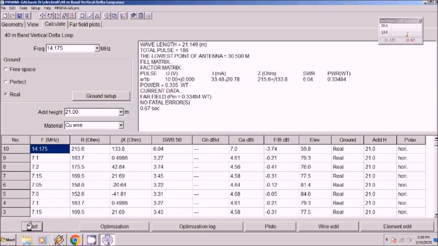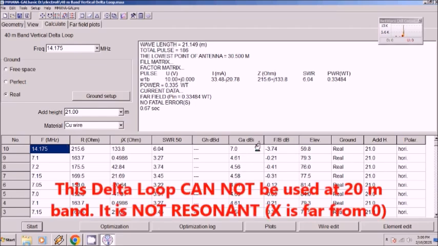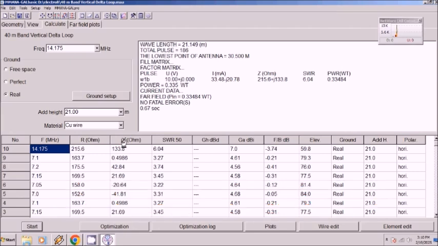Okay, this is the result. Frequency is 14.175 megahertz. The gain is okay, 7 dBi, but the problem here is the SWR, which is 6 now. Resistance at the feed point of this antenna also increases to 215.6, and the jX is increasing also.